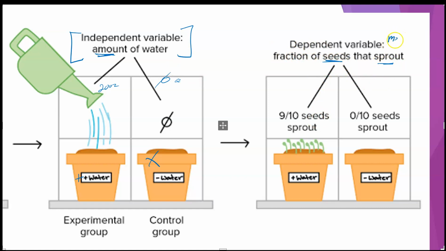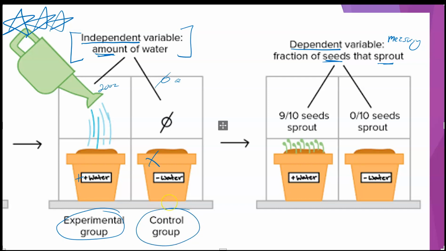What are we measuring? In my opinion, this slide here is the best slide to give you an understanding of independent variable, dependent variable, experimental group, and control group. So this is the one you want to stick with if you're having trouble understanding it. Looking at this slide is going to help.